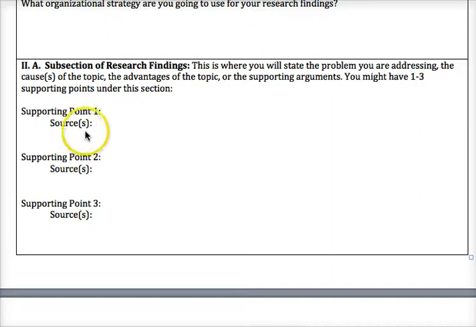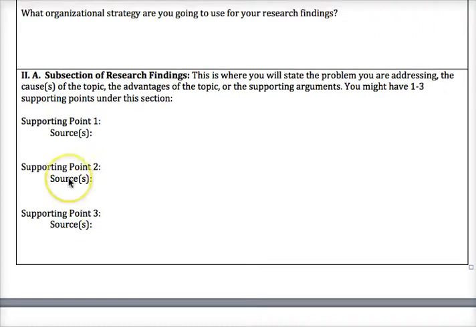And I've included places where you can list the source that you're going to use. So each supporting point needs to be sourced. It needs to have backing research to back it or support it. And you can decide where those sources are or what they are based on what you've researched, where you've researched.